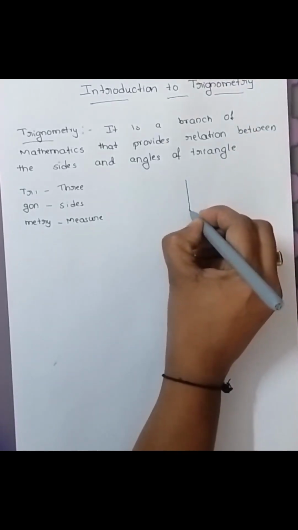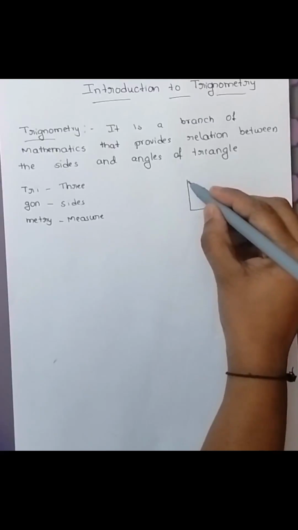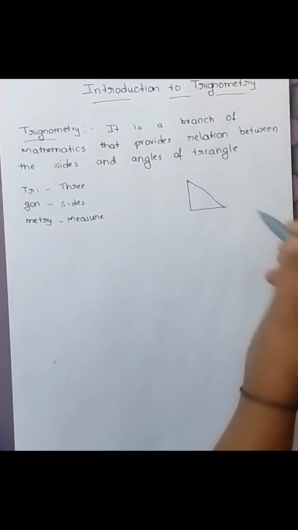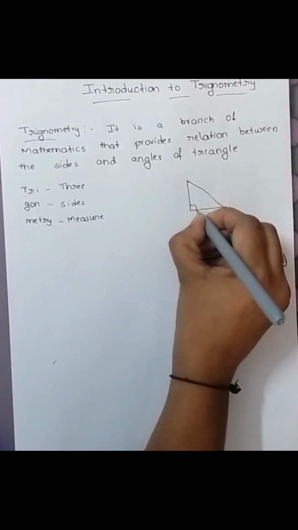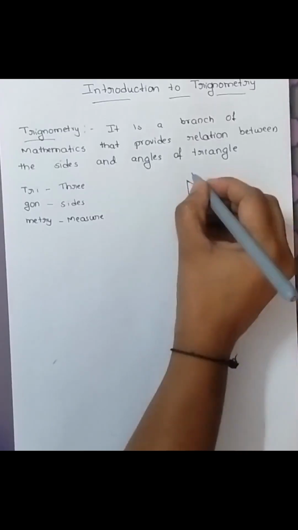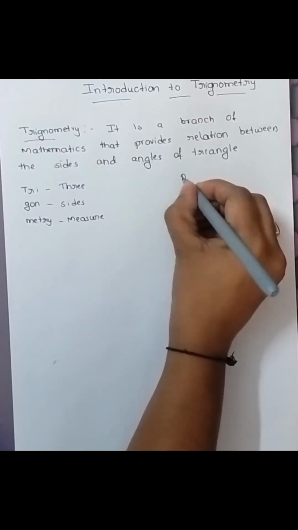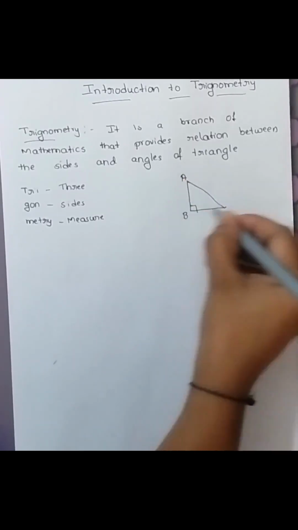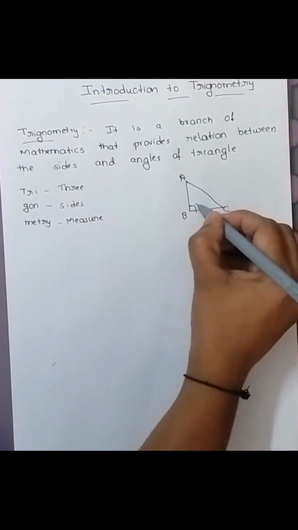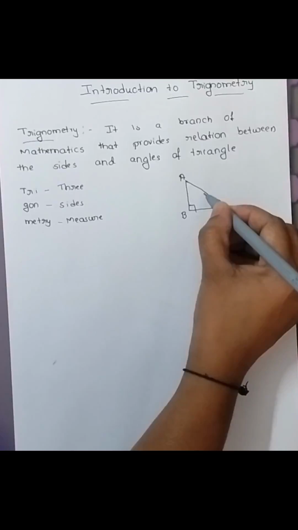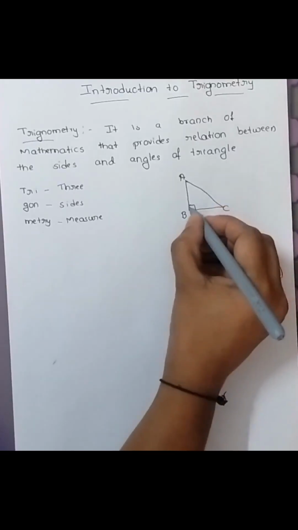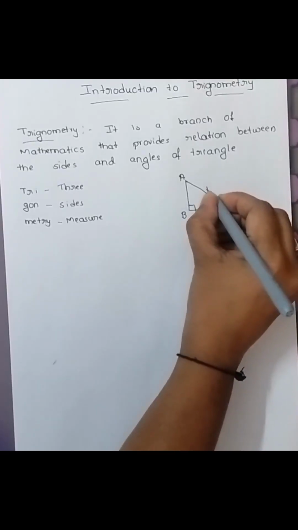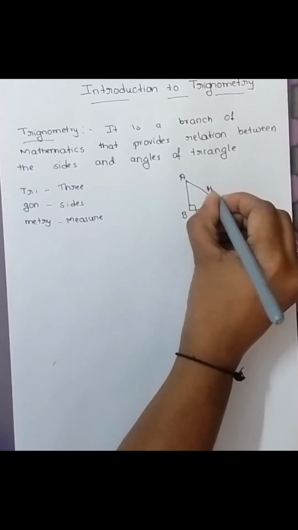So it is a branch of mathematics which deals with the right angled triangle. Let's name it as A, B and C. We know that the side opposite to the 90 degree or the right angle is called hypotenuse, right? That we know already.